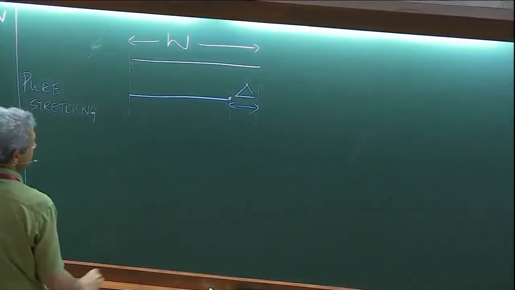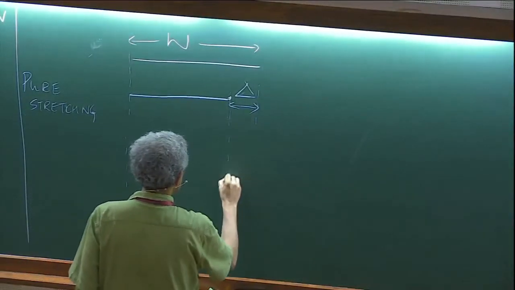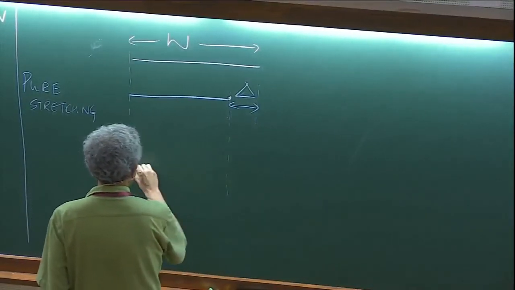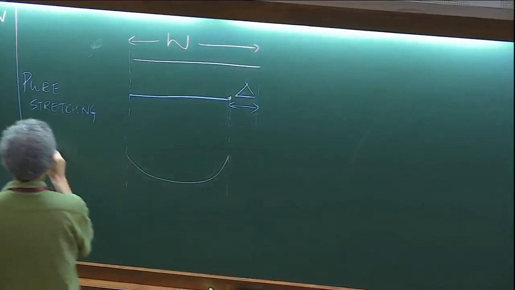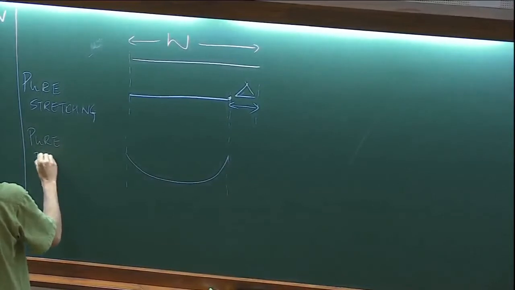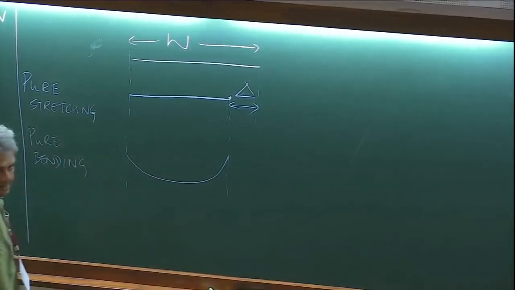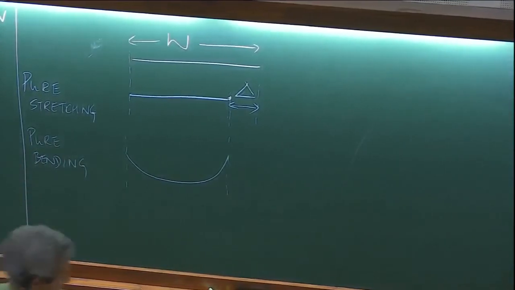And then the next one we'll do is pure bending. Let's work it out this way first, and then we'll allow it to have both possibilities, and we'll see how the picture changes.